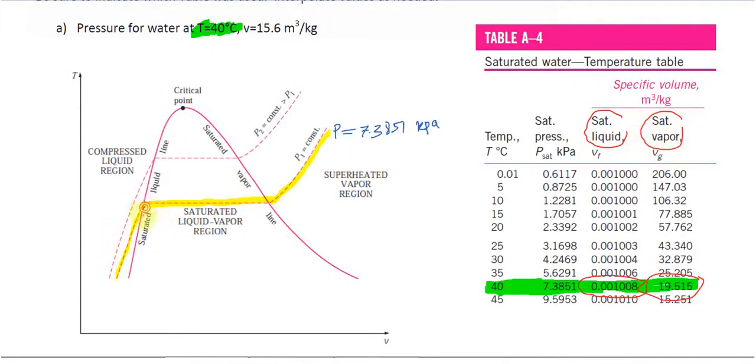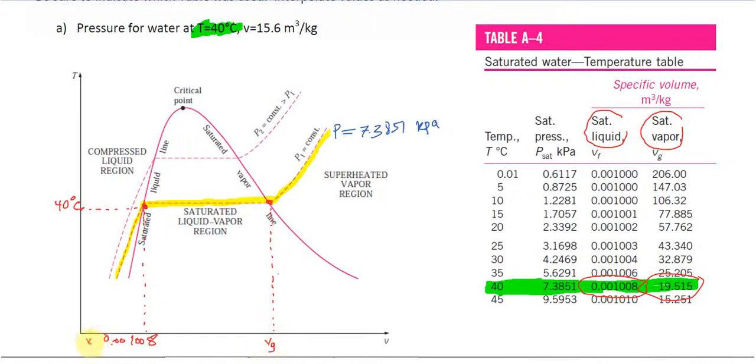In other words, at this point here, where temperature is 40 Celsius, specific volume is 0.001008, and at the other point, at the end of the straight line at the right, we will have saturated vapor with a specific volume Vg.